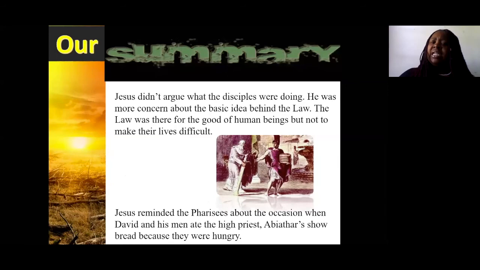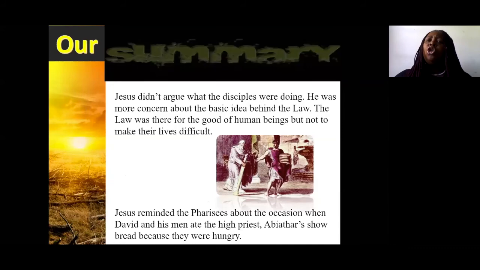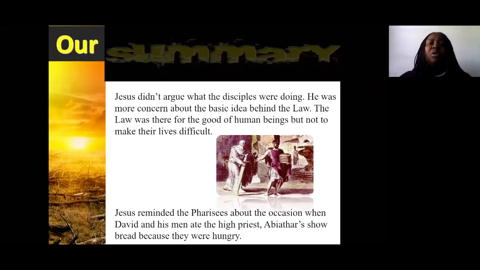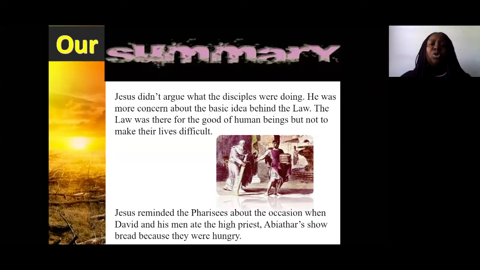He used that illustration to help them understand that there are going to be times when human needs are going to override the religious laws. And in this case, this was one of those times. So Jesus didn't argue about what the disciples were doing. He was concerned about the basic idea behind the law. And the law was there for the good of human beings, not to make their lives difficult.